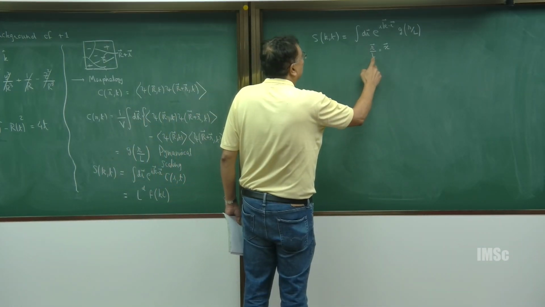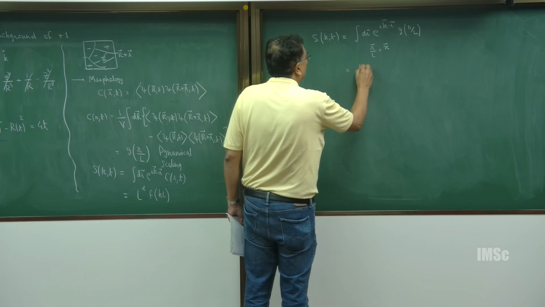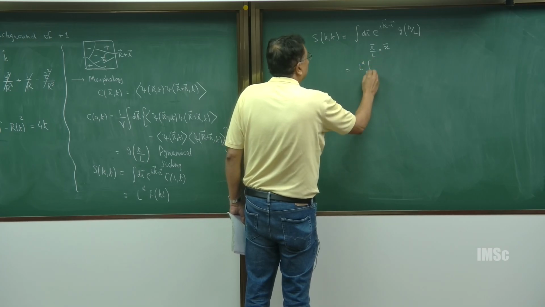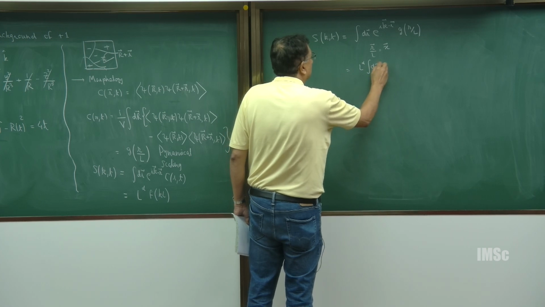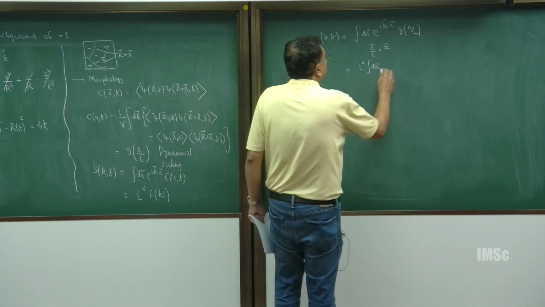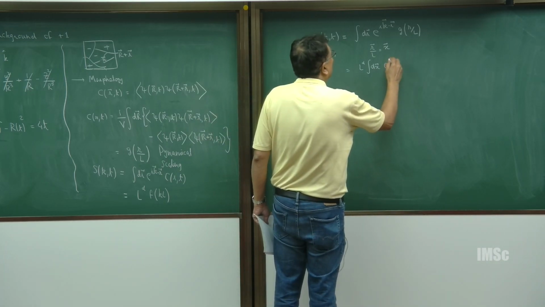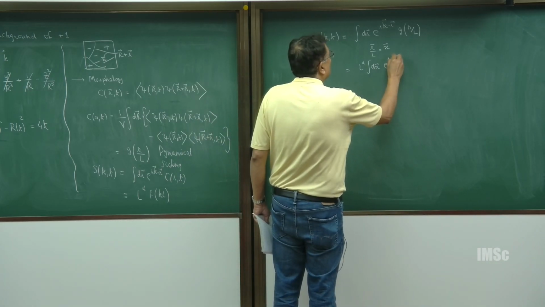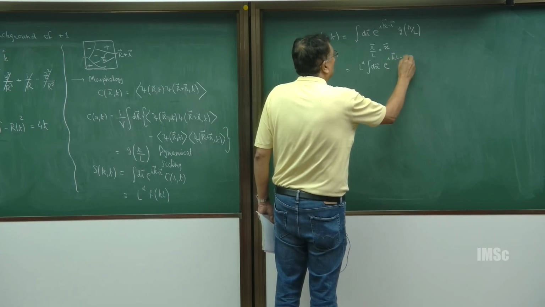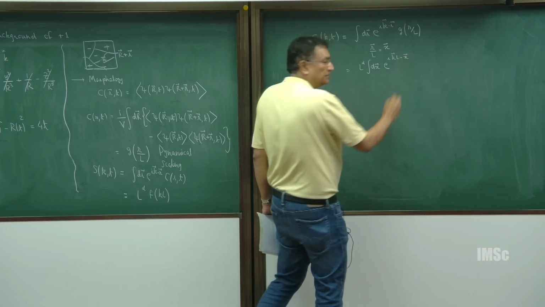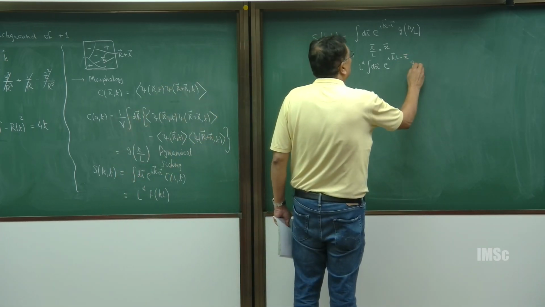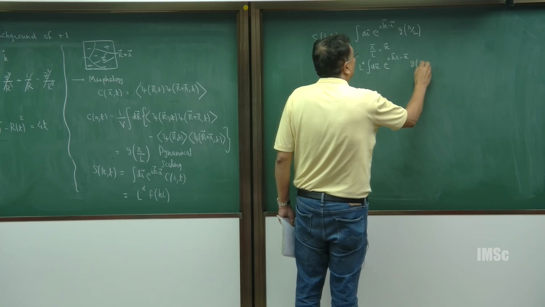This will give you factors of L raised to power d. This will be dx. The limits will remain unchanged because they are from minus infinity to plus infinity. This will give you e raised to power i k L dotted with x, and this will give you g of x.